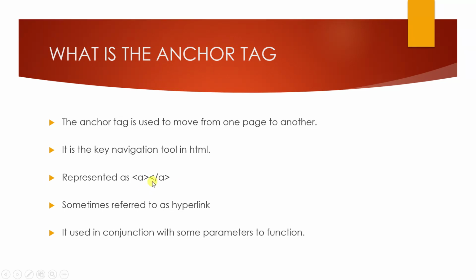It is sometimes referred to as a hyperlink, and it is used in conjunction with some parameters to function. When we talk about parameters, they are, let's say, variables we pass values to in order to perform something. We'll see that when we start the practical section.